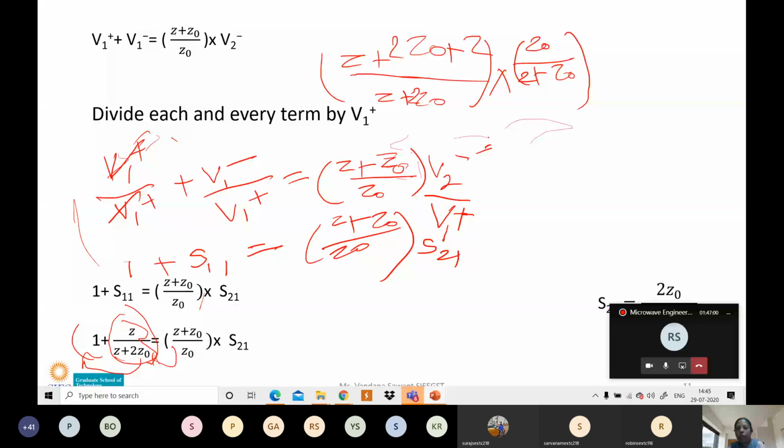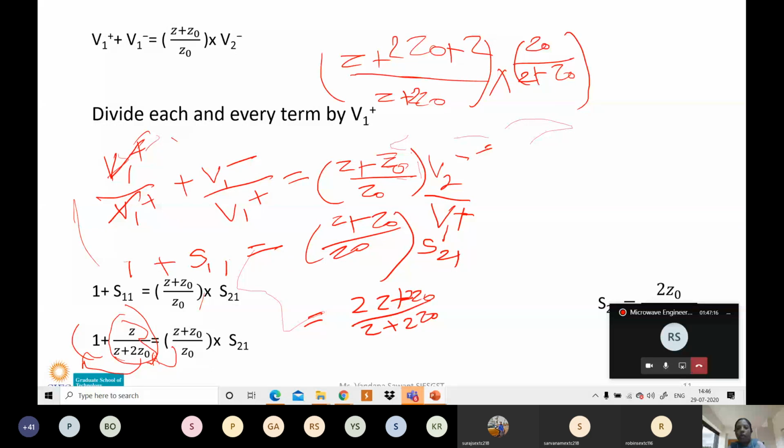2Z plus 2Z0 divided by Z plus 2Z0, into Z0 divided by Z plus Z0.